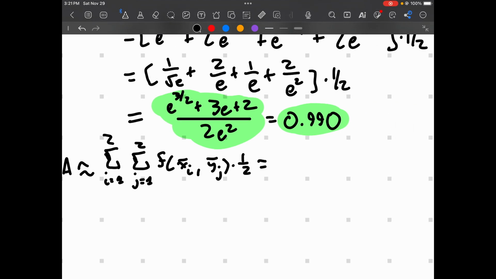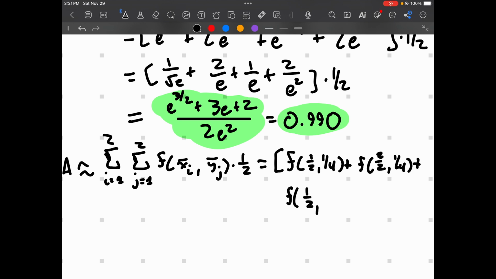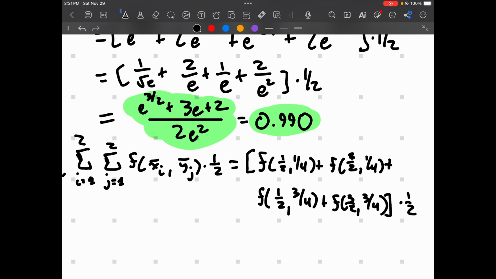And this is equal to the sum of f of 1/2, 1/4 plus f of 3/2, 1/4 plus f of 1/2, 3/4 plus f of 3/2, 3/4, times 1/2.